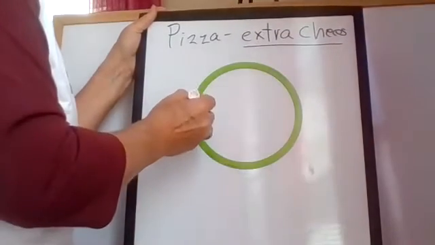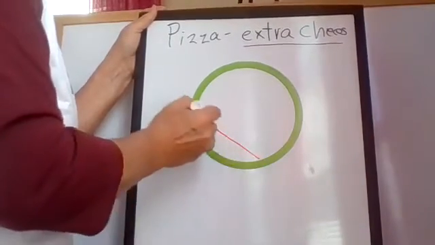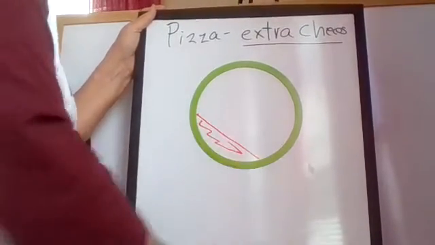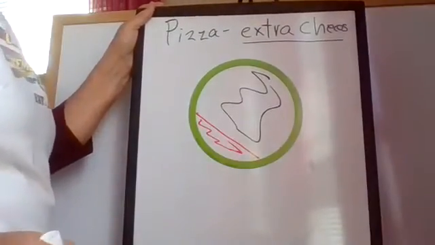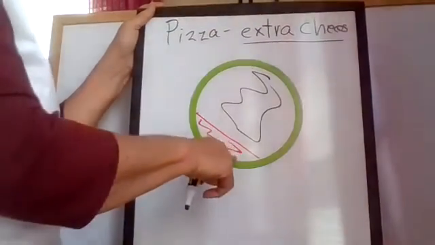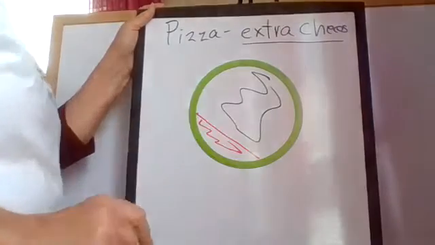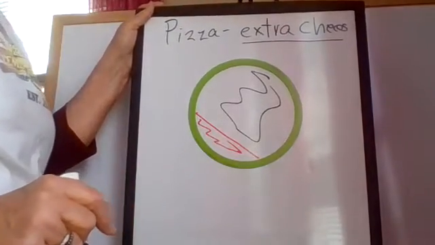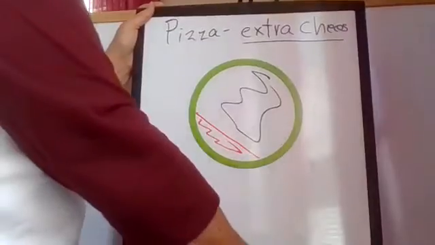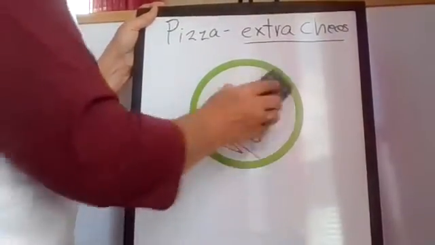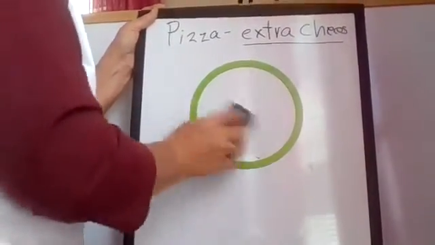But this time, they took this much and left this much. Do we still have 2 pieces? Yes. 1, 2. Are they exactly the same? No. So that cannot be a fraction. They must be exactly the same.